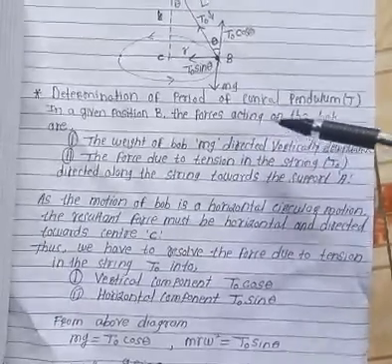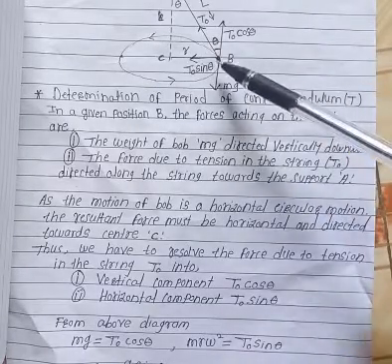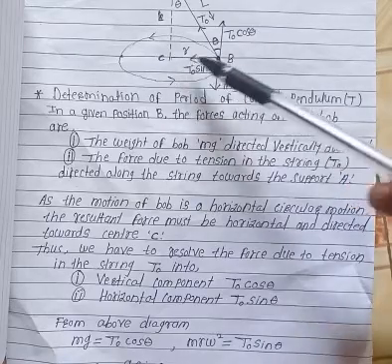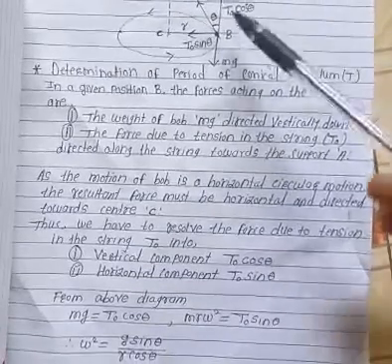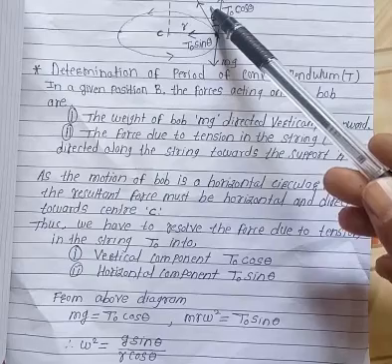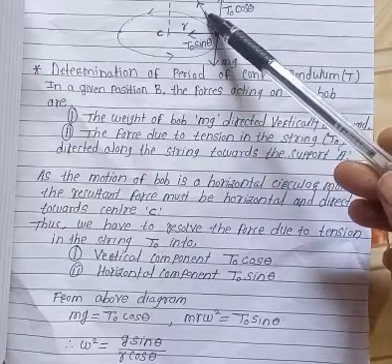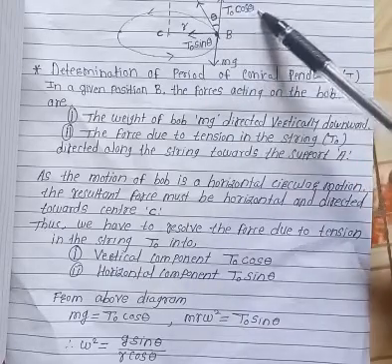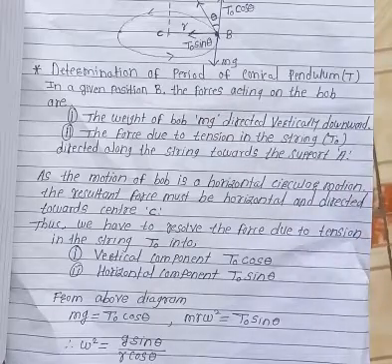As the motion of the bob is a horizontal circular motion, what happens? The resultant force must be horizontal and directed towards the center C. Thus, we have to resolve this tension T0, the force due to tension in the string, into two components: vertical component T0 cos theta and horizontal component T0 sin theta.